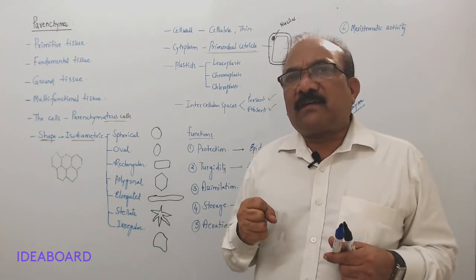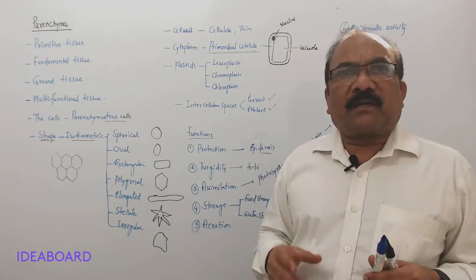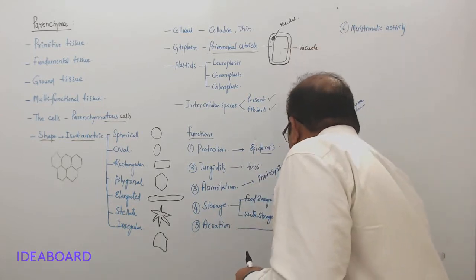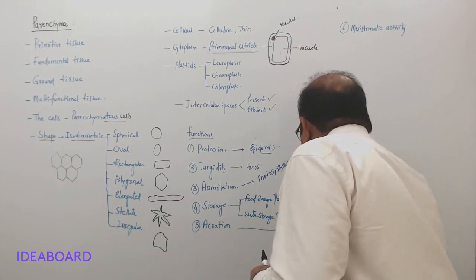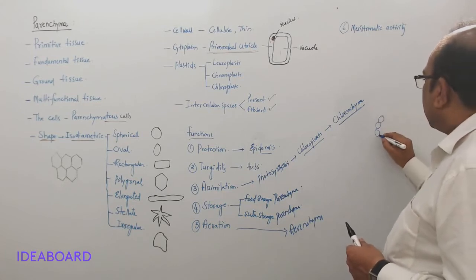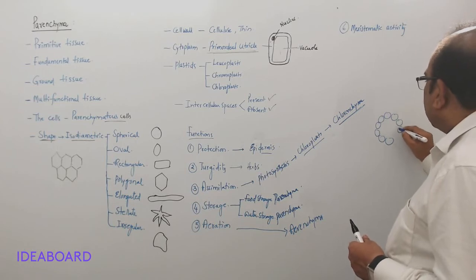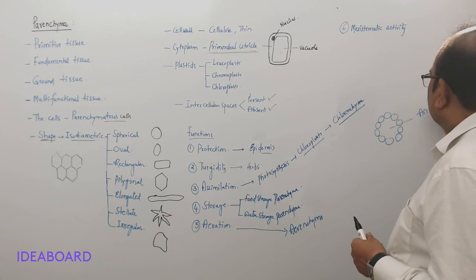That spongy nature is due to the presence of one special parenchyma called aerenchyma. These parenchyma cells are arranged very loosely, providing large intercellular spaces, called air cavities.